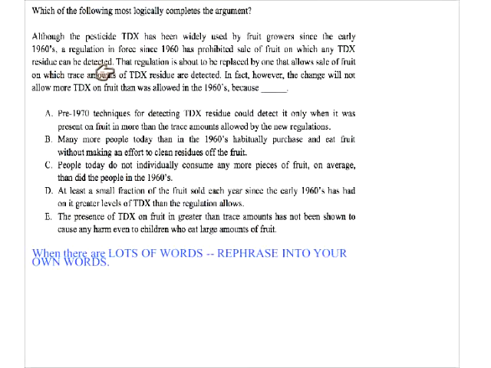it used to be if you could find anything on the fruit, if you could find any TDX, then it was prohibited. So before 1960, the old rule says if they can detect any TDX, then the fruit can't be sold.